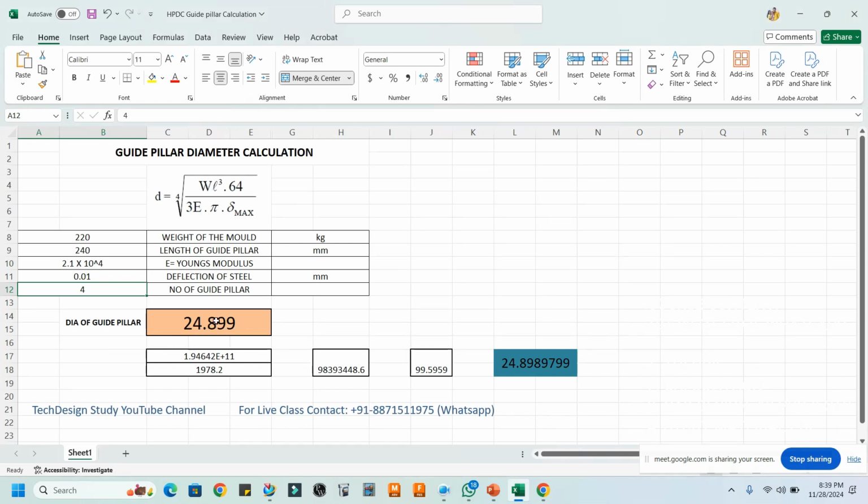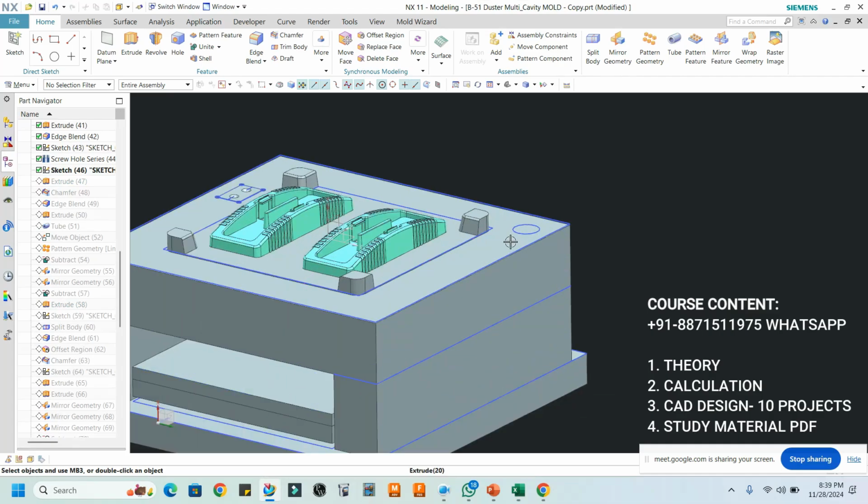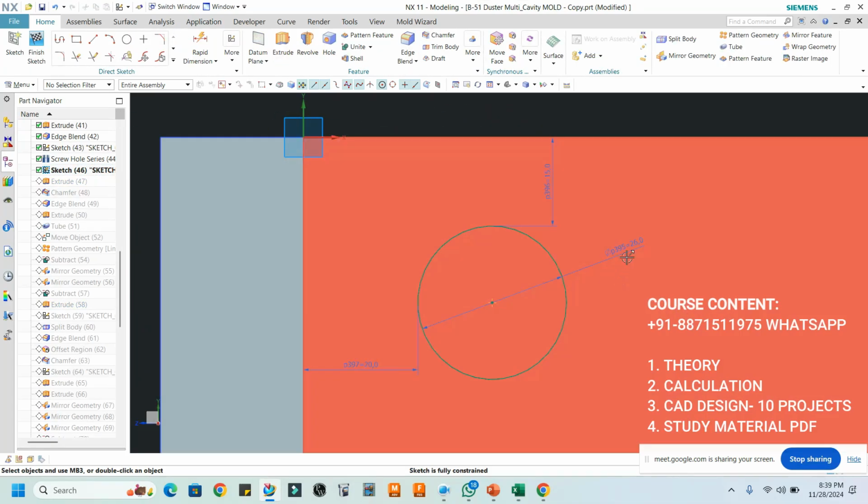More than 25, I can take any value: 26, 28 or 30. Here I have taken a diameter of 26.